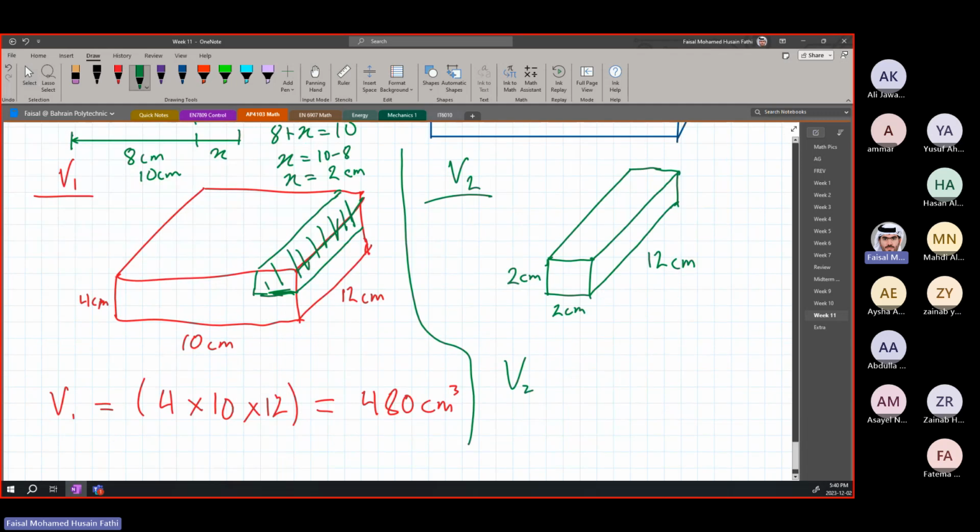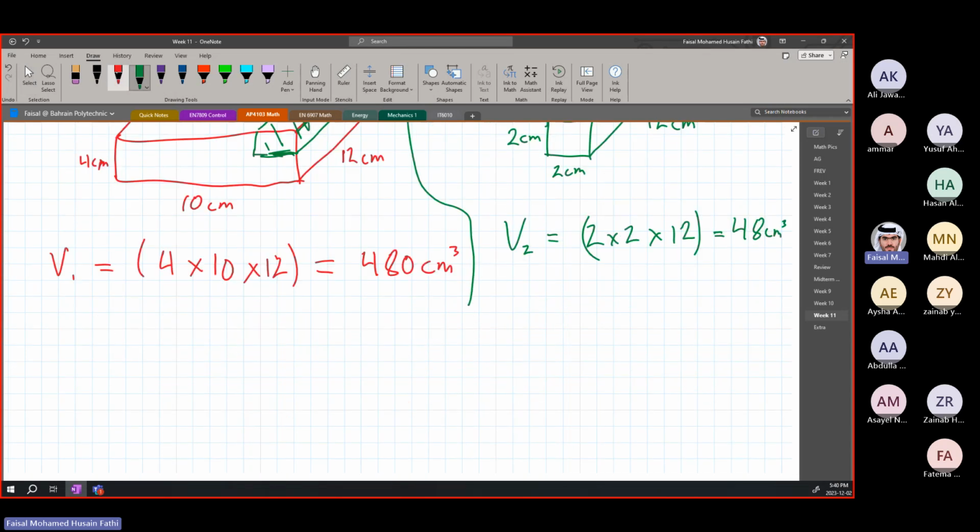So the volume 2 is going to be 2 times 2 times 12, which is equal to 2 times 2, that's 4. 4 times 12, that's 48 centimeters cubed. And now the final step, V total is equal to V1 minus V2.